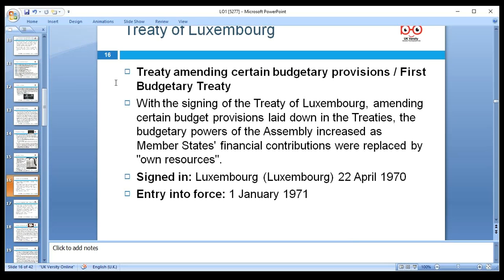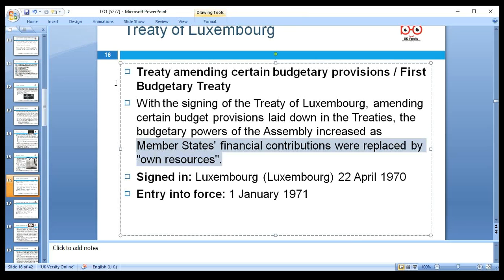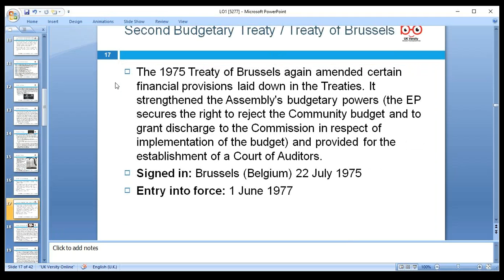Then the Treaty of Luxembourg, which is a very famous treaty amending certain budgetary provisions, and the first budget treaty, with the signing of the Treaty of Luxembourg amending certain budget provisions laid down in the treaty. It was signed in Luxembourg on the 22nd of April 1970.